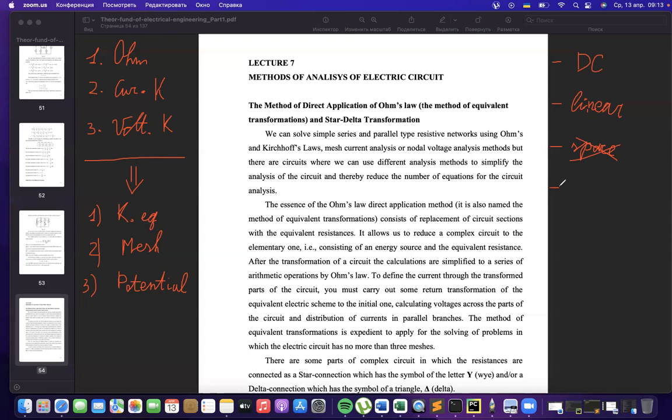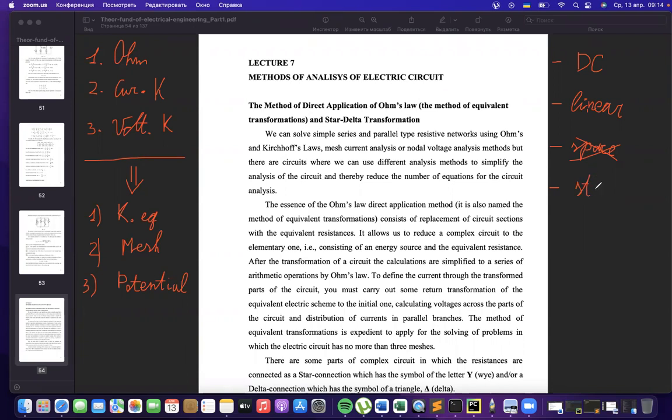We neglect any, for example, transient process, any switches inside the system. We just think that all elements inside our system work in an ordinary mode, which appeared a long time ago.